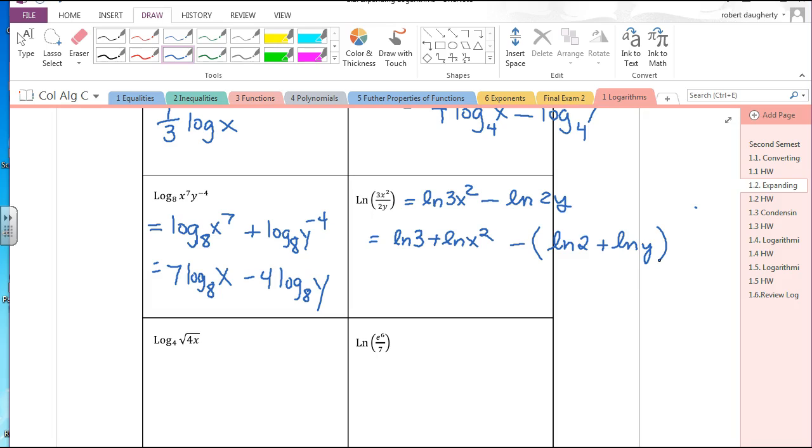Power. So that can be simplified. So my final answer is going to be natural log of 3 plus what? What do I do with the power? Yeah, 2 natural log of x, okay, minus natural log of 2 minus natural log of y.